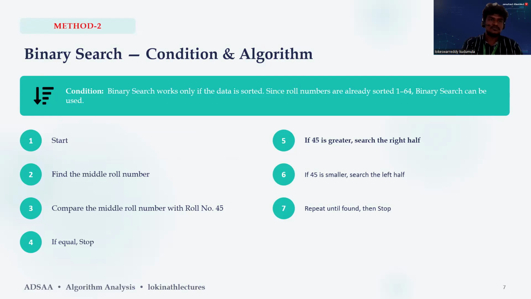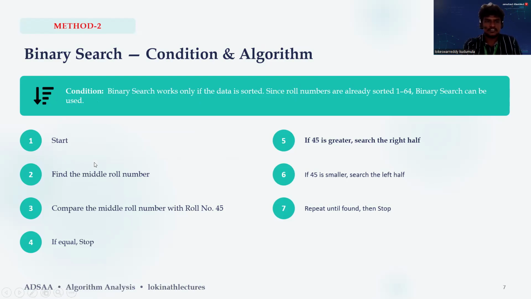Now this is the method of binary search. In binary search, we have one condition. What is the condition? Binary search only works when the data, the roll numbers, are in sorted order. Here the roll numbers are already in sorted order, so we can easily apply binary search. If you observe, this is the algorithm.